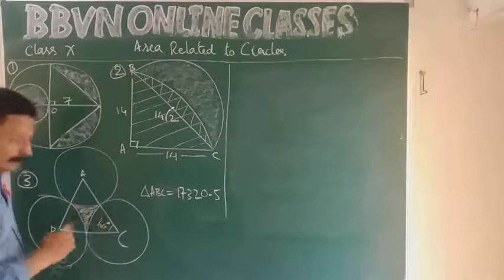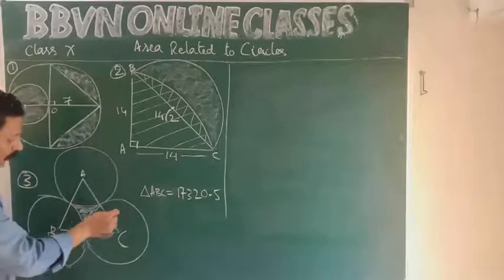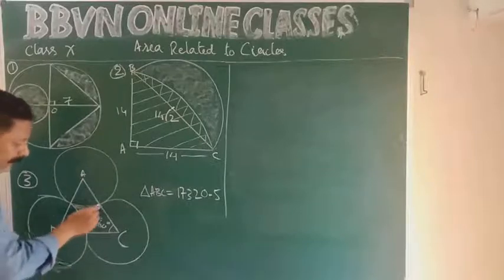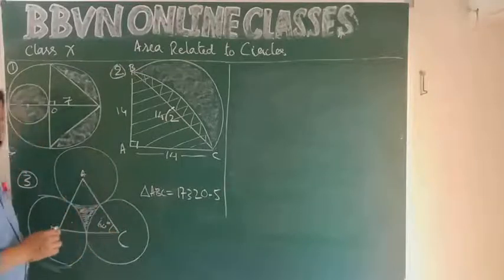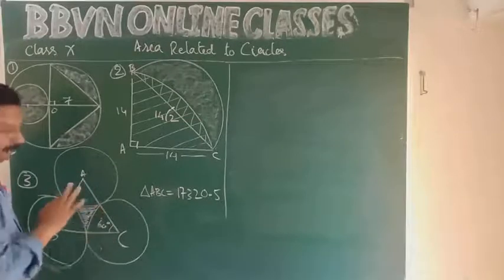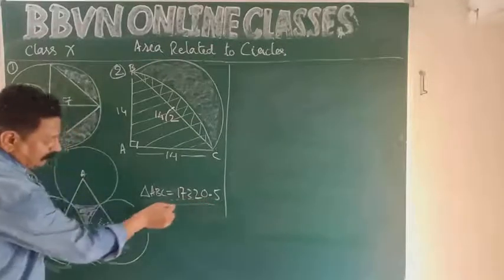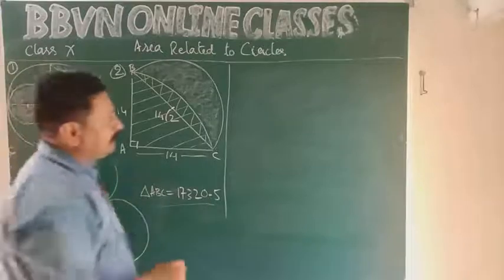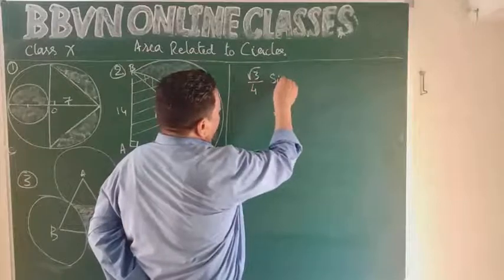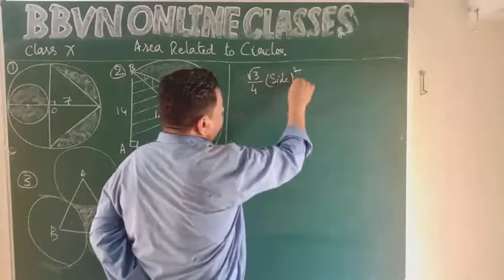Now to find the area of the sector, we need the radius of the circle. All the 3 circles have the same radii, they are congruent, and the radius is equal to half the side of the triangle. Now we have to find the side. Area of the triangle is given. We know that the area of an equilateral triangle is under root 3 upon 4 side square.